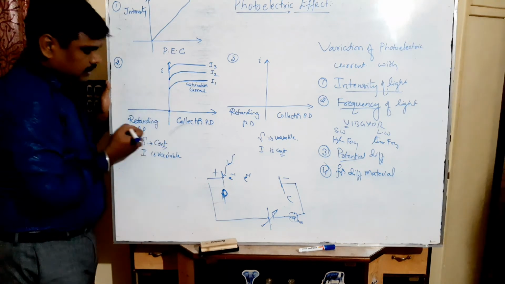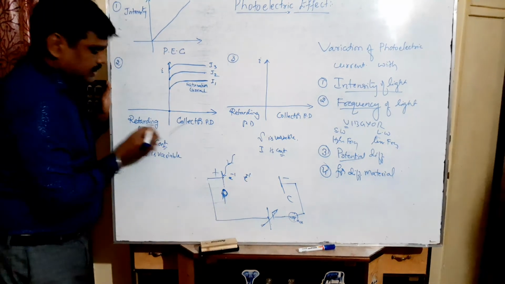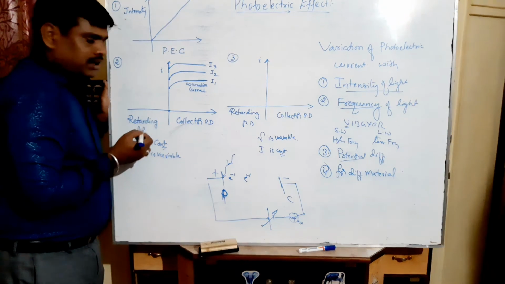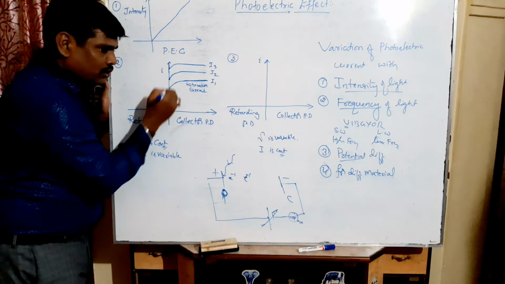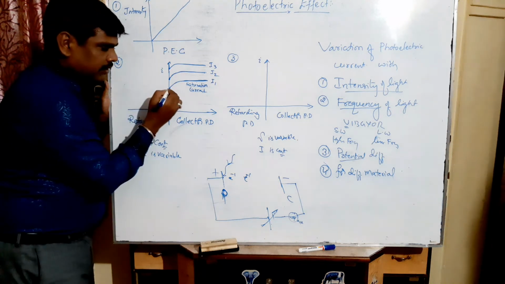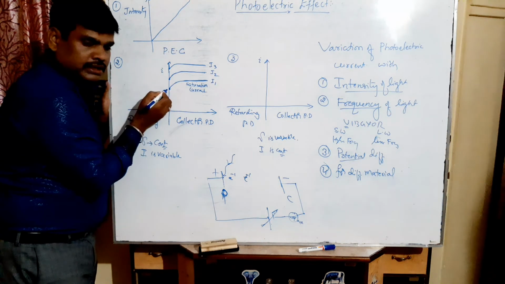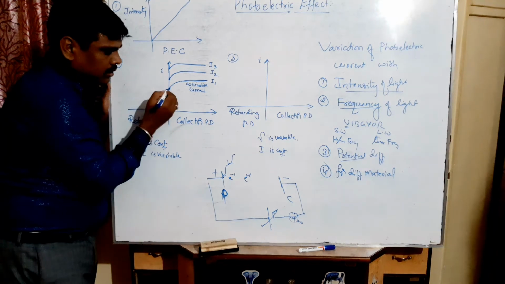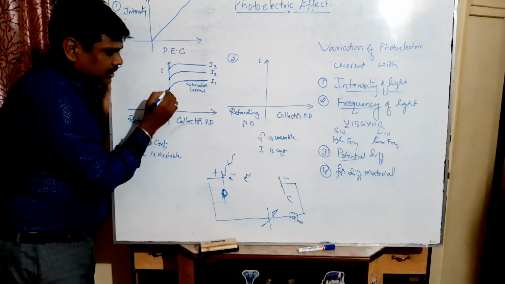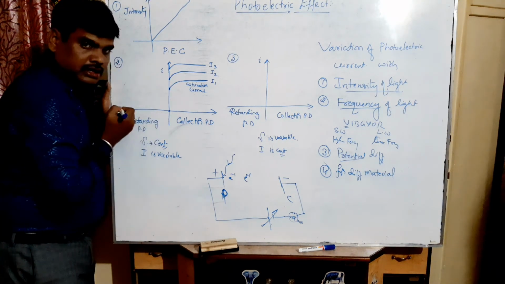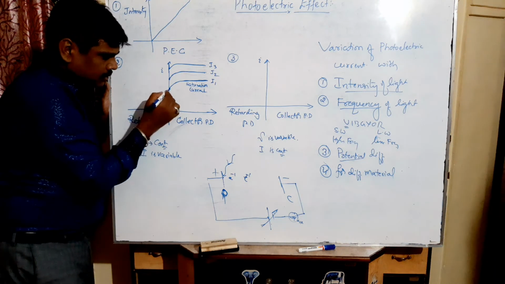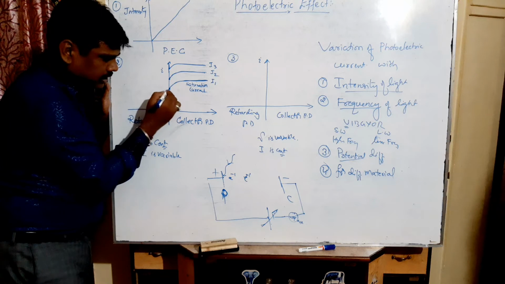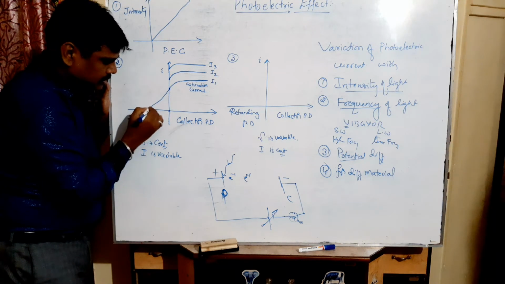If we increase the negative potential, that is the retarding potential, the current goes on decreasing. Already at zero potential, the current is at a certain value. As the retarding potential difference increases, the current goes on decreasing. Finally it becomes zero.